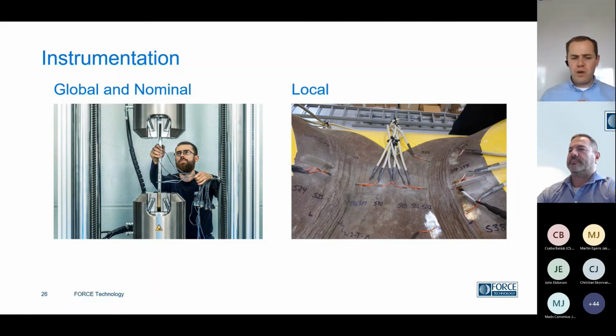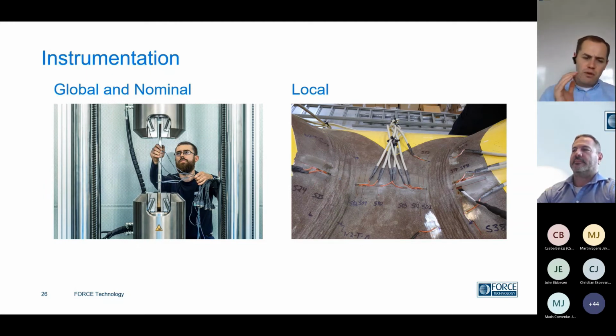In that test frame, you have load cells that give us the load input that we are putting into this test specimen. We also have displacement sensors built into the test frame. Or if the displacements within the actuators aren't accurate enough, we can put displacement sensors right onto the test specimen and measure local displacements, or still these nominal displacement levels, the average responses.